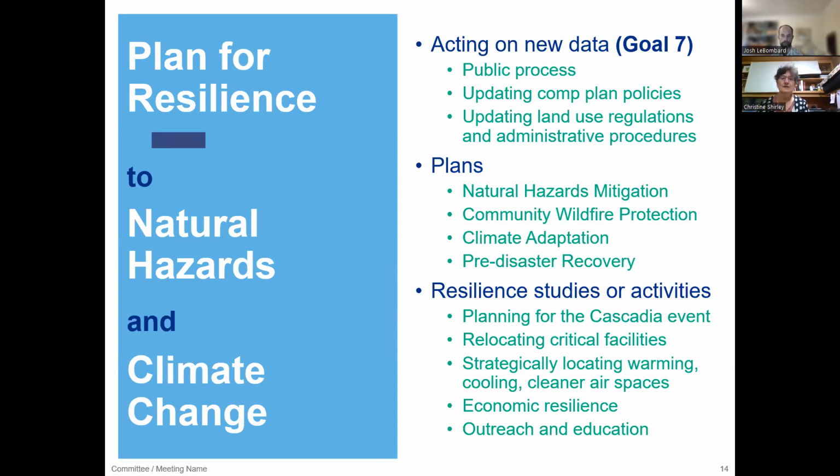And then economic resilience: understanding supply chains, transportation routes, business continuity, that kind of thing, within the whole community.